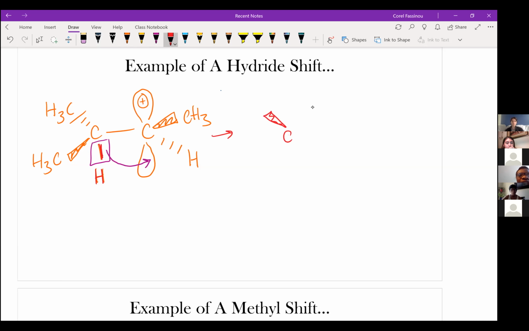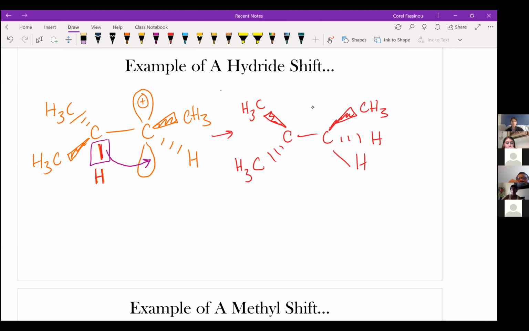So now you're still going to have your methyl groups attached to that carbon, and you're going to have the second carbon, but now this carbon is going to have a methyl group, a hydrogen, and another methyl group attached to it. Actually, sorry, a hydrogen attached to it.